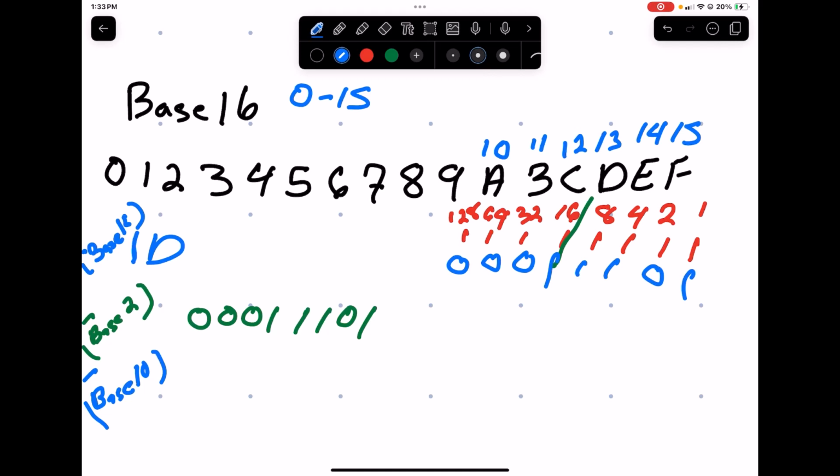Again, we know this is going to be an odd number. So we've got 16 plus 8 plus 4 plus 1. Okay, so that's 10, 19, 20, 29 is our number.